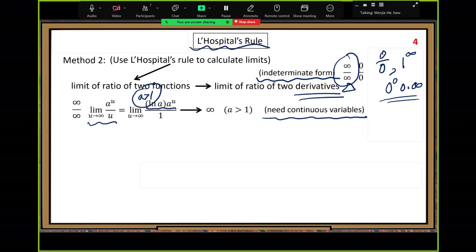So how do you know your derivative step is legal or not? You need to make sure your derivative step is legal when you take the derivatives. Let me use this example to show you how.